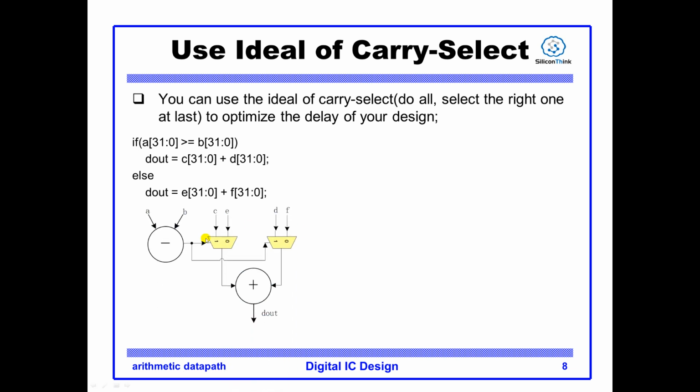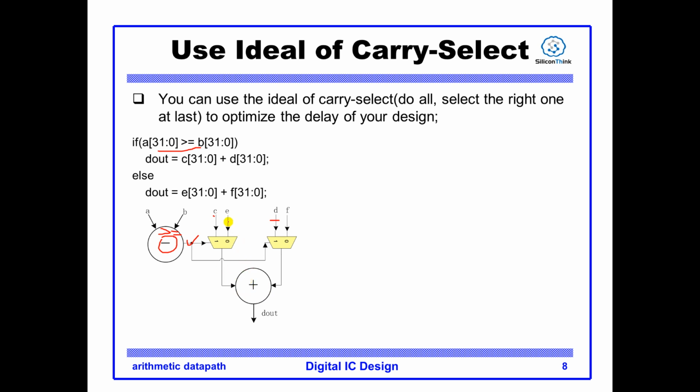So, one architecture may be the same as the code says: you need to compare. You may need a subtractor, we will talk about it later, to compare the result of A, B, then select the value according to the result, bigger or equal. If yes, you will select C and D and do the AND calculation.